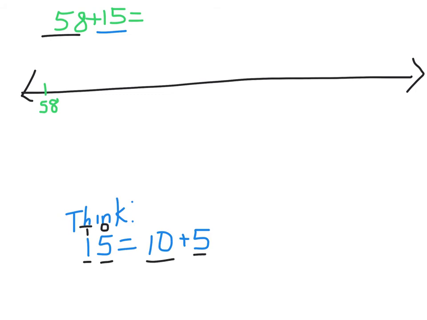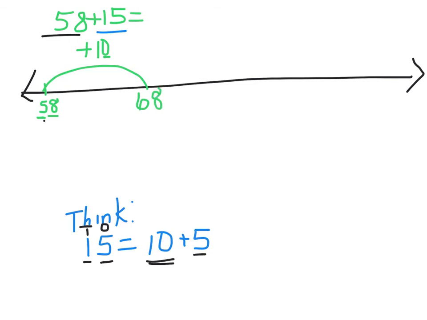So we can use this as our counting strategy. So starting at 58, first we'll add 10, and adding tens is quite easy. You should know that 58 plus 10 is the same as just adding one more 10 to this 5 tens. So 5 tens, one more 10 is 6 tens. The ones doesn't change. So 58 plus 10 equals 68.